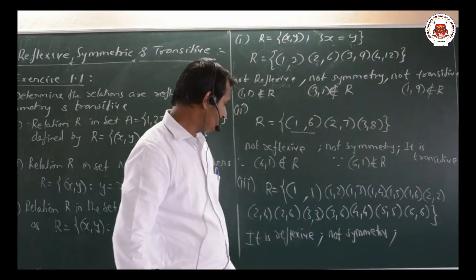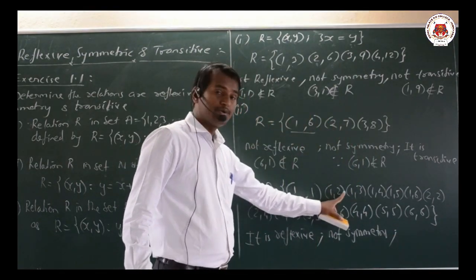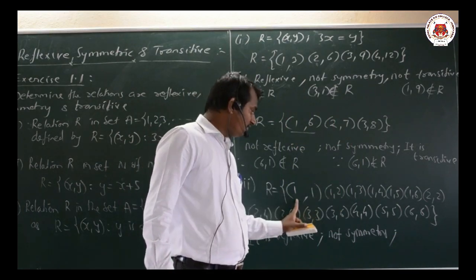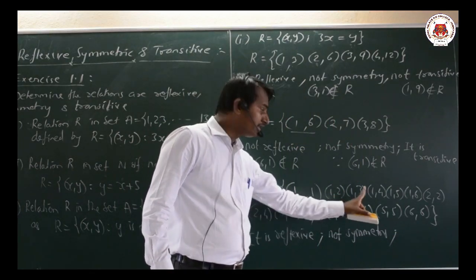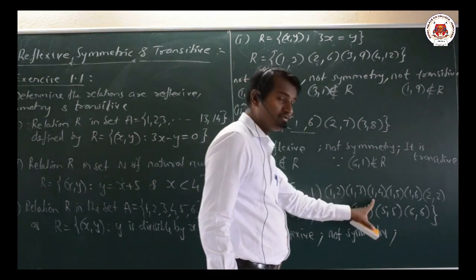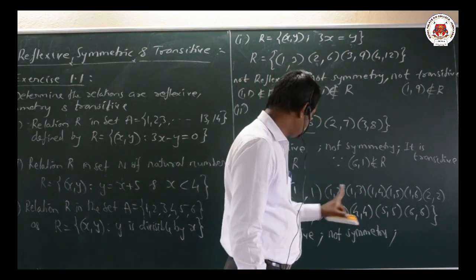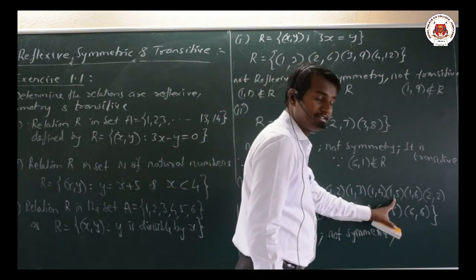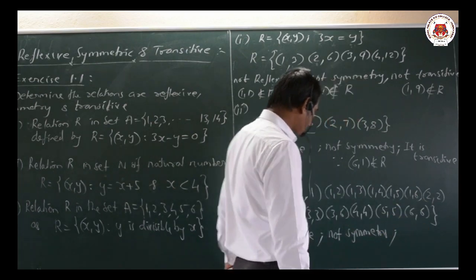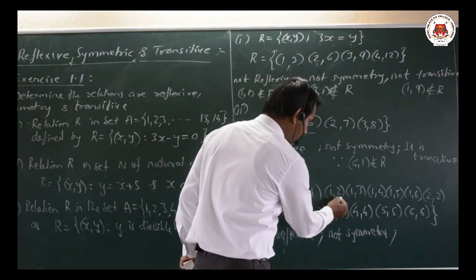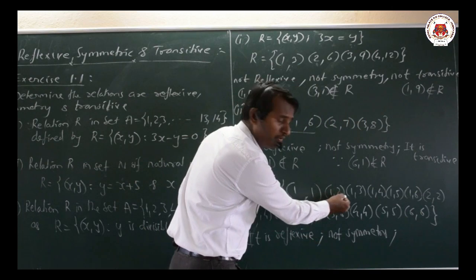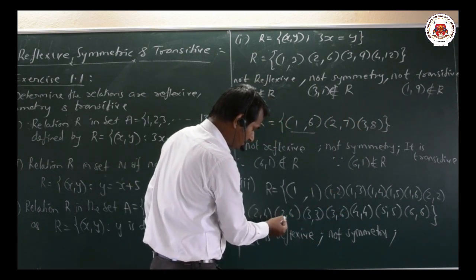Next, at last, transitive. Transitive means what? We have 1 1, 1 2 is there, again 1 2 is here. 1 1, 1 3 is here, we are having 1 3. 1 1, 1 4 we have, again same 1 4 is here. 1 1, 1 5, 1 5 is here. Similarly, anything starting with 2: we have 1 2, and 2 6, we have 2 4.